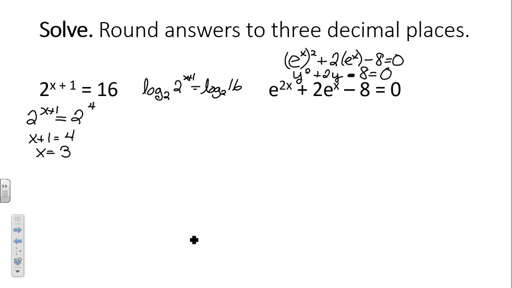How would we factor that? Factors of 8 that subtract to become 2. Positive 4 and negative 2, right? Okay, so this would be an e to the x plus 4, e to the x minus 2.